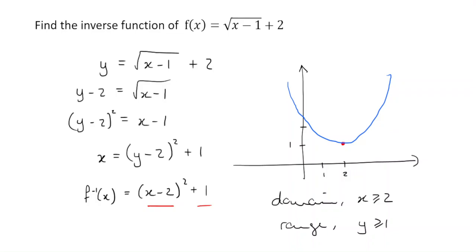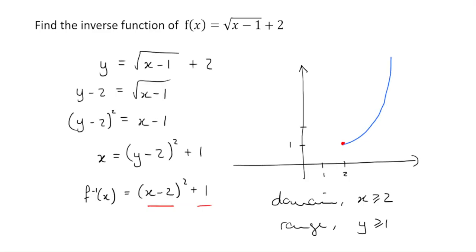So if we say that the domain is x is greater than or equal to 2, then we're talking about all of these values only. In other words, these values here on the left-hand side, they're excluded, right? They're not part of the inverse function. So what are we going to do? We want to draw the inverse function. We've got to make sure that we get rid of the left-hand side and we just draw the right-hand side.